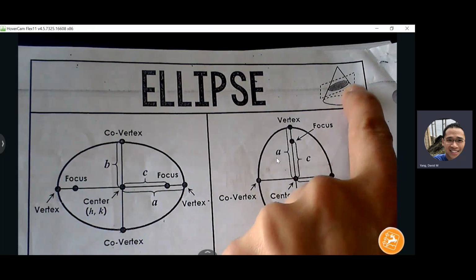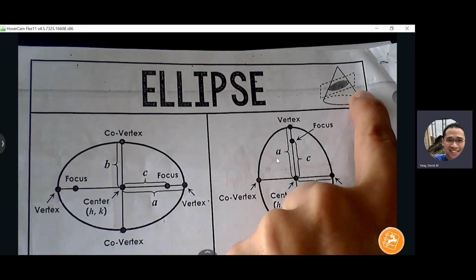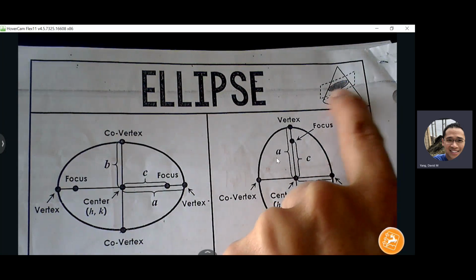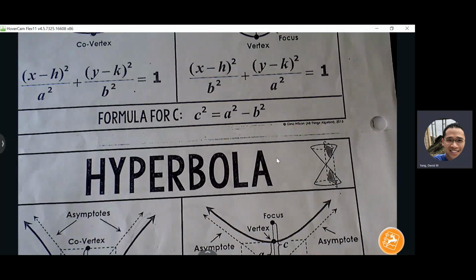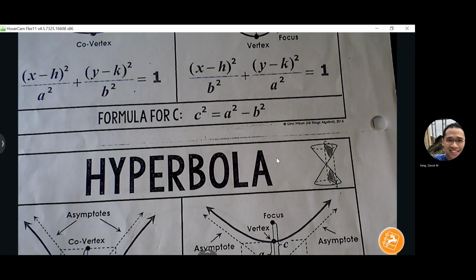So if I do a cross section on a slanted angle along a cone, it's going to create an ellipse. If I were to take a double cone and put them end to end, and do a cross section of that, that will create the shape of a hyperbola.